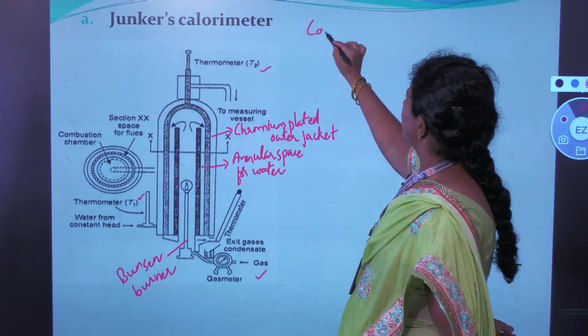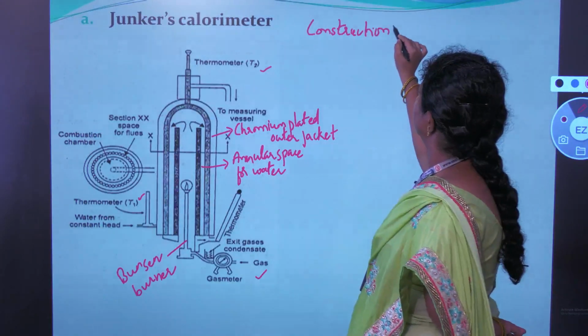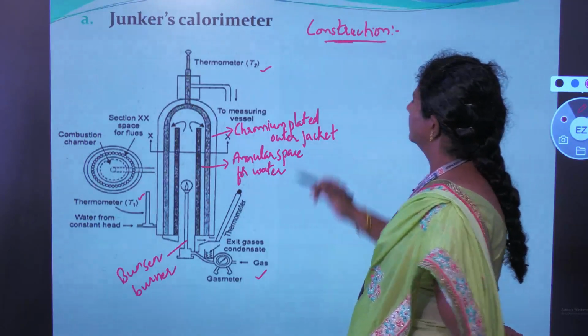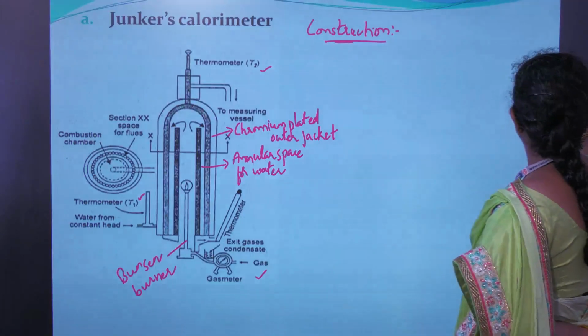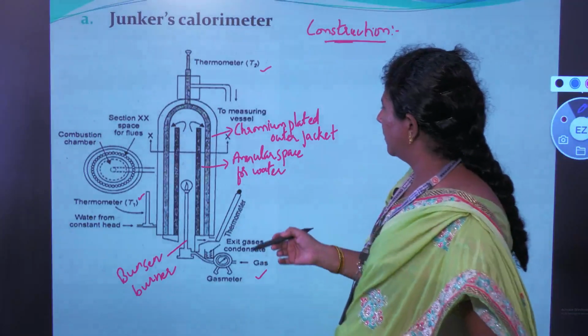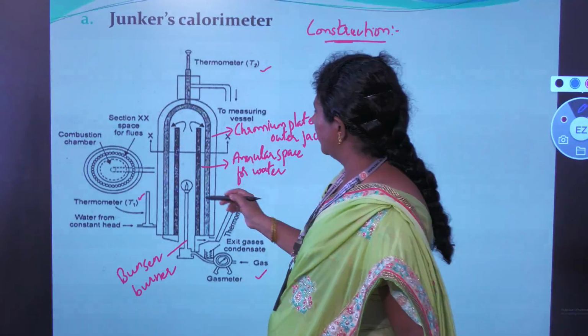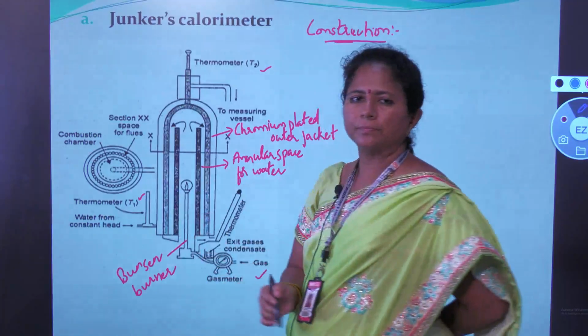Coming to the construction of Junker's calorimeter. Junker's calorimeter mainly consists of a vertical cylinder combustion chamber.